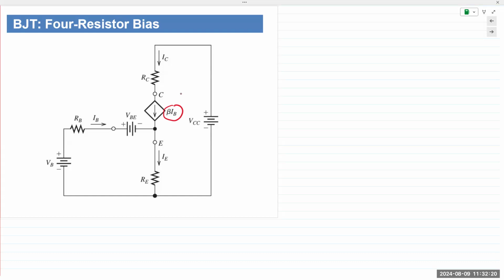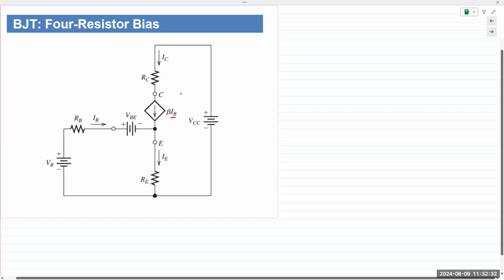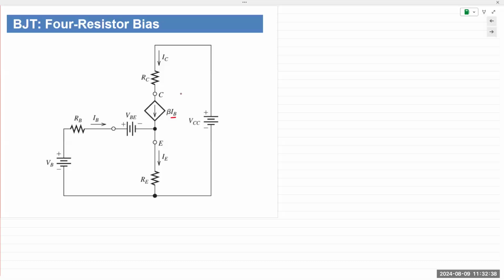So we model the transistor as a dependent current source, and the dependent current source provides a current that is dependent on the value of IB. If you remember 201, I talked about dependent and independent voltage and current sources in chapter 1. And this is one of those models.